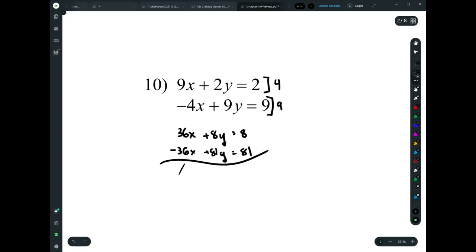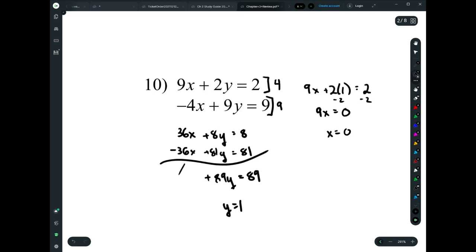The x's are canceled. 89 equals 89. Y comes out to be 1 again. And solve for x, and we get the same old solution, 0, 1. Cool beans.